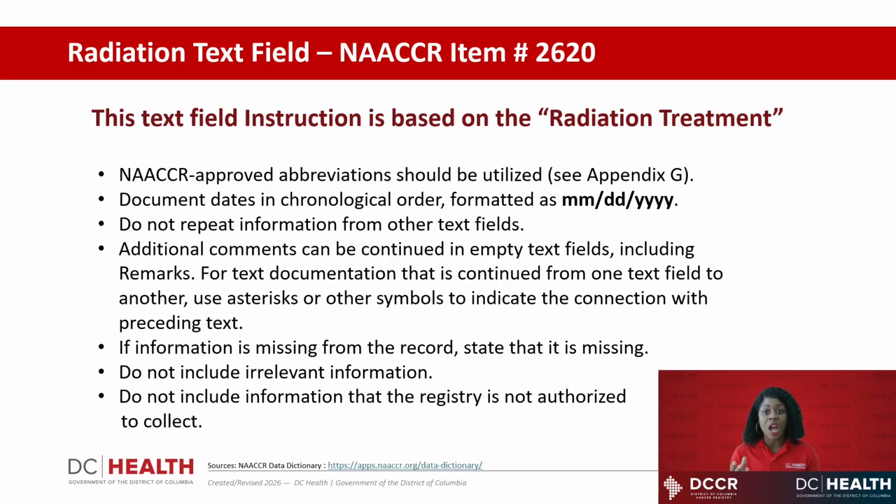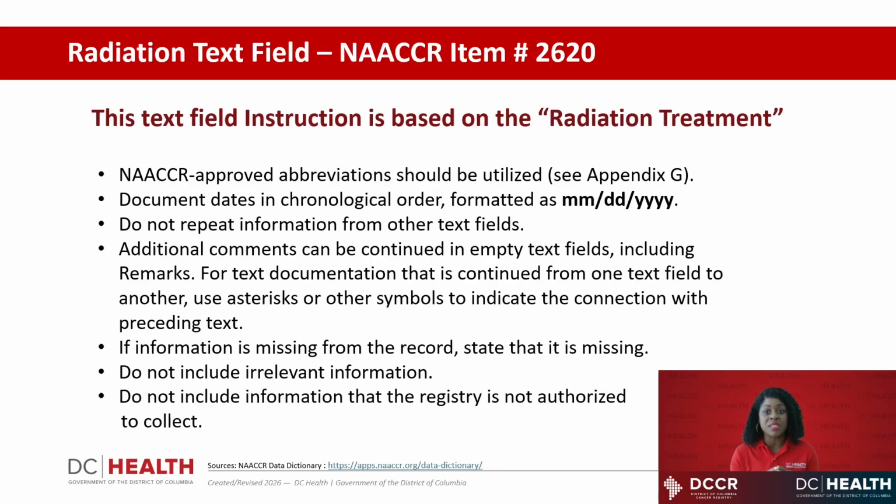If additional comments are necessary or if text documentation continues from one field to another, include the information in the remark text field. Use an asterisk at the beginning of the continued text to indicate a connection with the preceding text entry. This ensures continuity and proper interpretation across multiple entries.